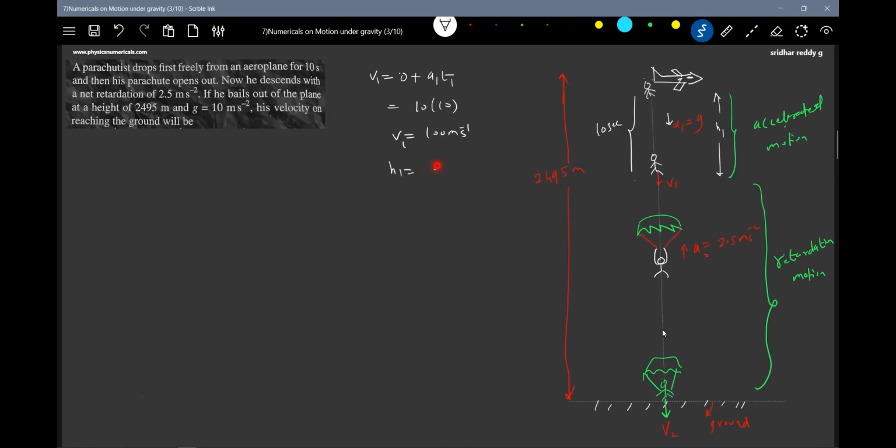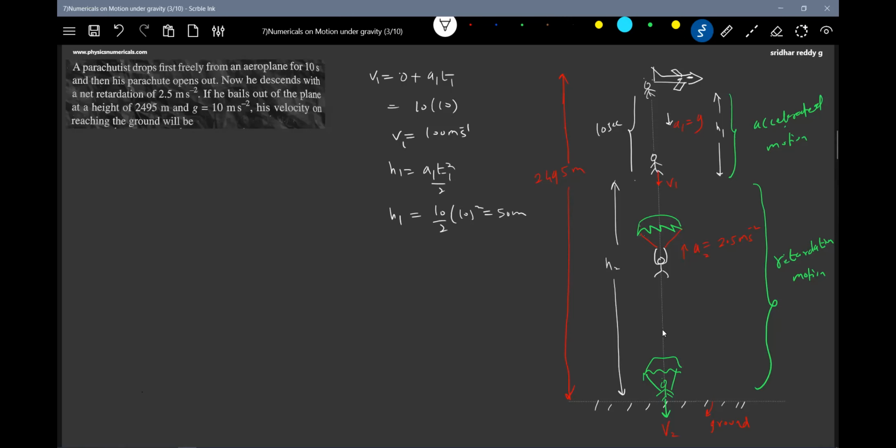H1 equal to a1 t1 square by 2, that is 10 by 2 into 10 square, which is 500 meter. He will descend this height, and the remaining height is going to decelerate with a retardation of 2.5.